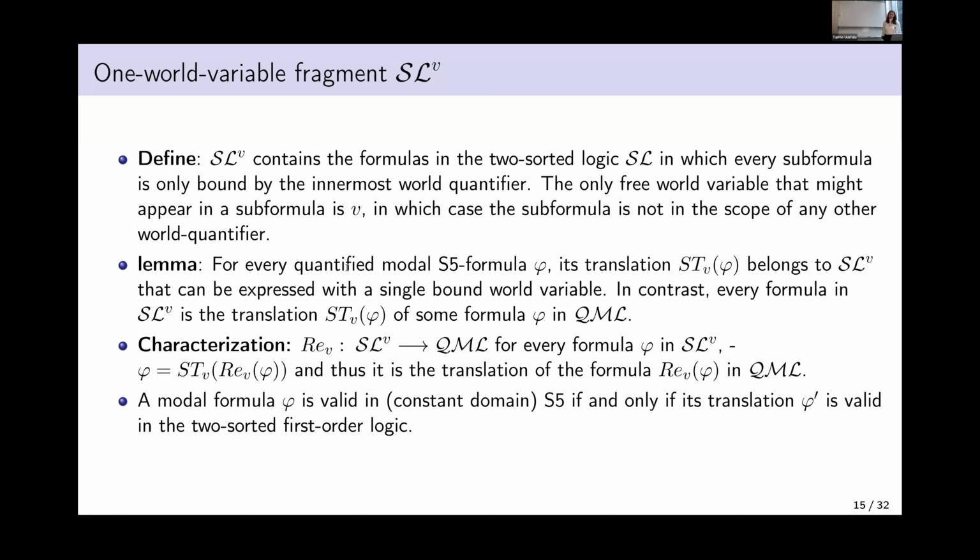For any quantified modal S5 formula, its translation belongs to this one variable fragment of SL and can be expressed with a single bound world variable. And we also have retranslation: a formula F is valid in constant domain S5 if and only if its translation is valid in the two-sorted SL.